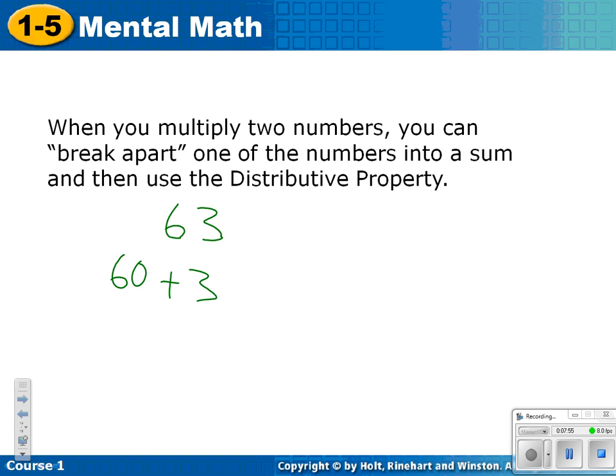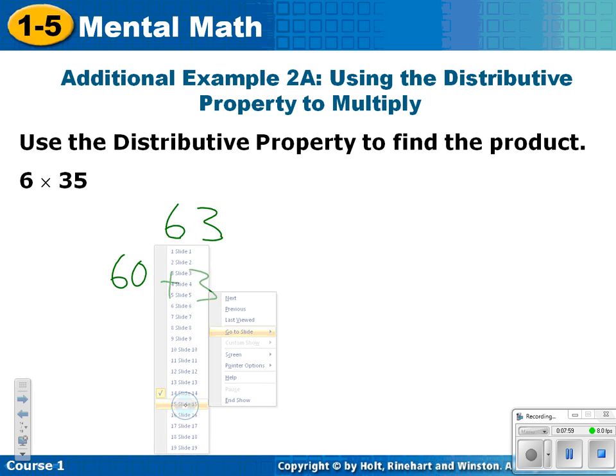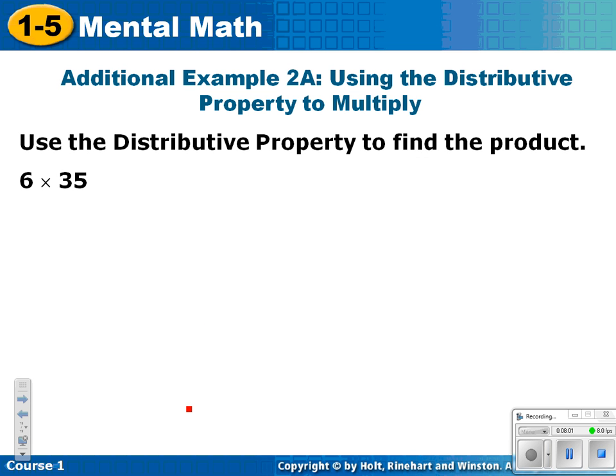Well, when you are trying to multiply two numbers together, 6 times 35, this is the same. This distributive property tells us that we can do this: 6 times 30 plus 6 times 5.